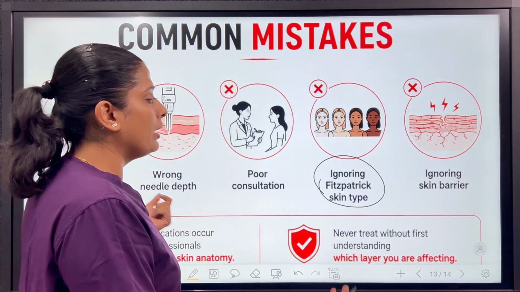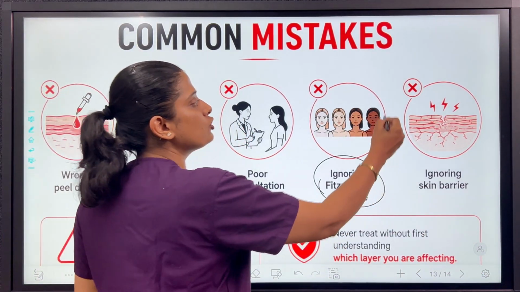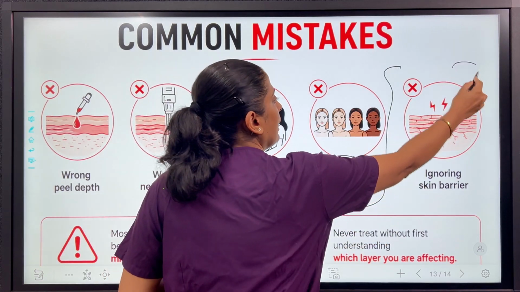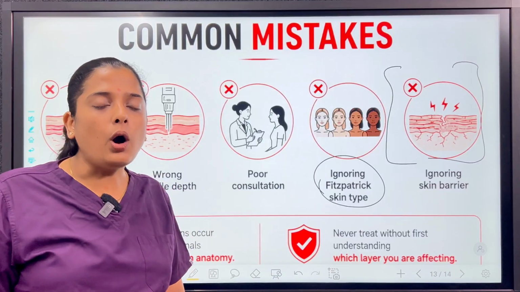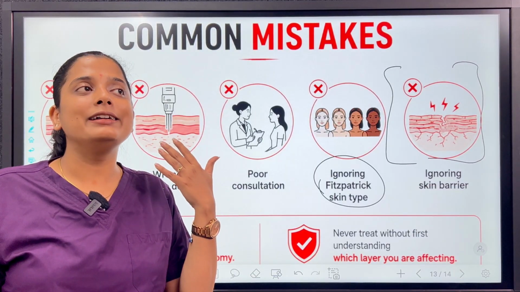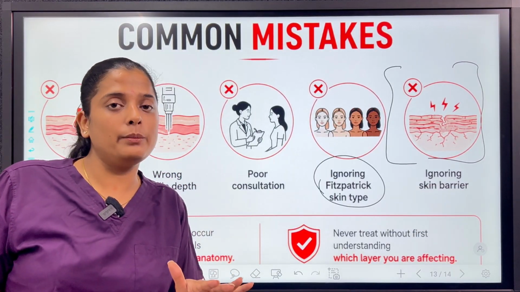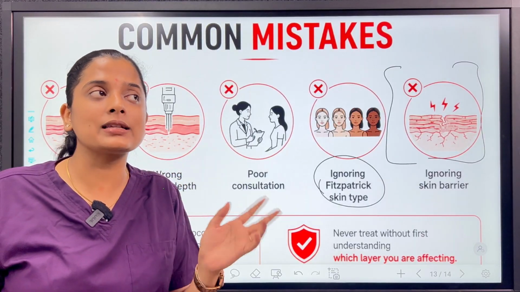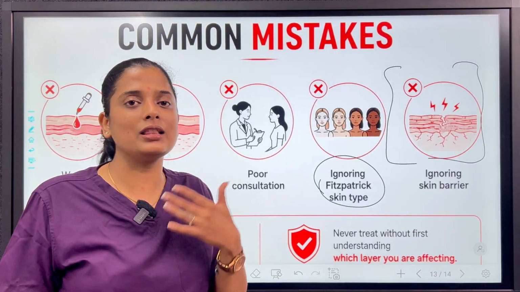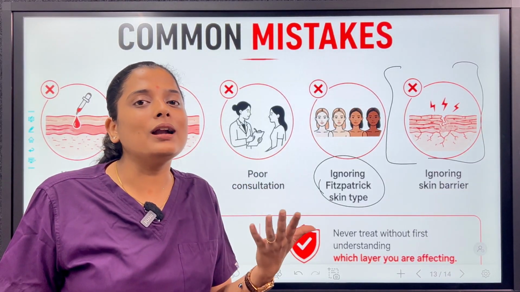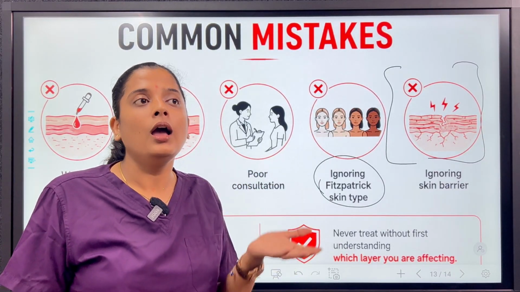Correct? Now, ignoring the skin barrier. This is the major issue in today's time which people ignore. Many of the clients would walk in to you with an already damaged skin barrier because of certain kinds of gimmicks, certain kinds of products, certain kinds of DIYs. They have seen it somewhere, they have applied it, and now they don't understand what has gone wrong.